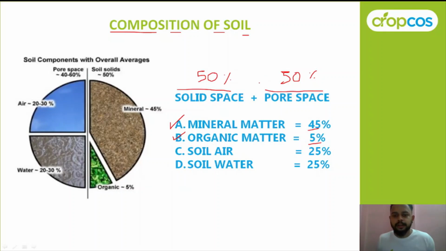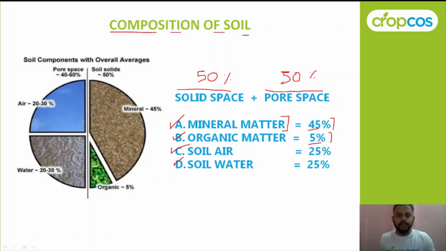And the 50% pore space will be taken by both soil air and soil water, 25% each. Okay. यहाँ पे एक कंसेप्ट आपको समझना ये पड़ेगा कि जो मिनरल मैटर है, that is almost permanent. इसका जो कंटेंट है 45%, this is permanent, but the organic matter content varies. इंडियन सॉइल में जनरली ऑर्गेनिक मैटर बहुत कम है.